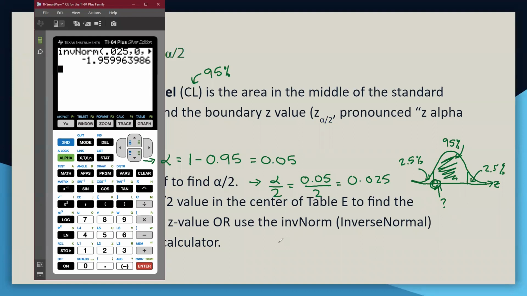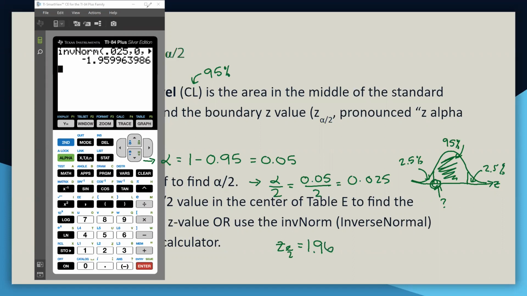I'm going to drop the negative because I know this lower is negative 1.96. The upper is positive. So our z alpha over 2 for a 95% confidence level would be 1.96.